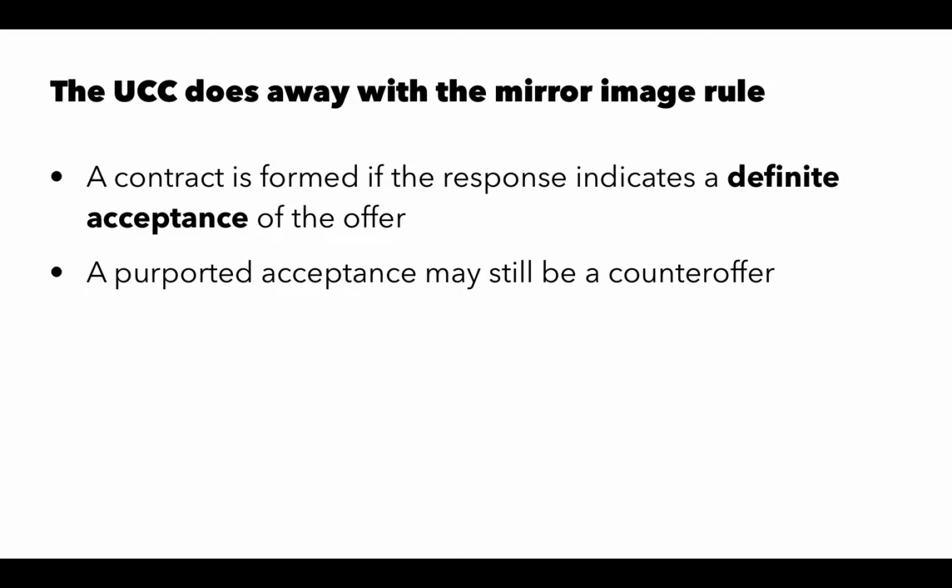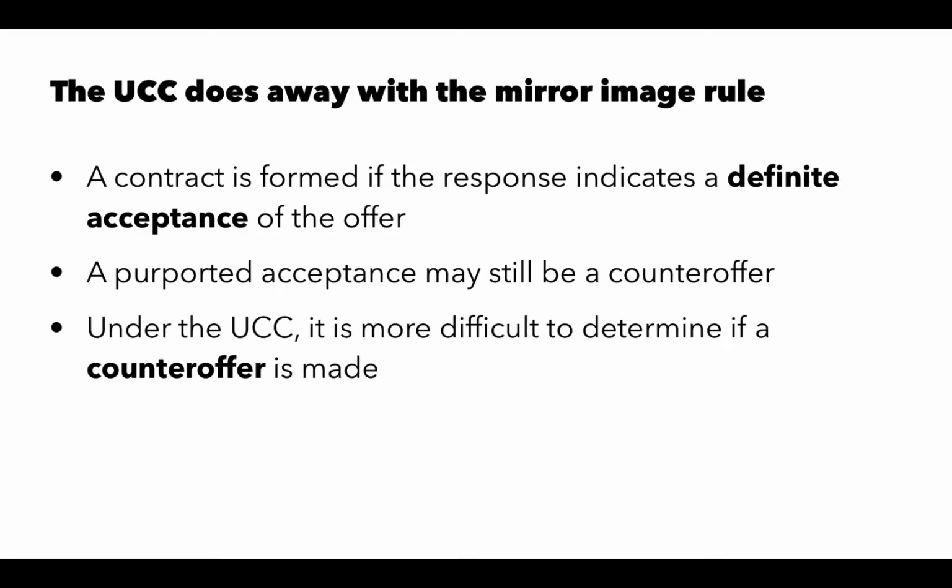Now, a purported acceptance can still be a counteroffer, and under the UCC, it may be more difficult to determine if a counteroffer was made or if it was an acceptance. Under the common law, it's a very clear rule that if there's any sort of additional or changed terms, the offer is terminated, and the buyer can no longer accept the offer.